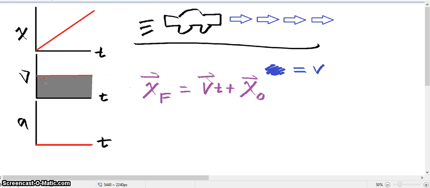Pretty much your displacement is just the area of your velocity-time graph. So for the gray shaded region, you find the area of that, then you add it to your initial position, and then you'll find your final position.